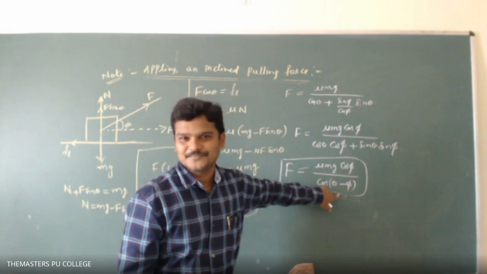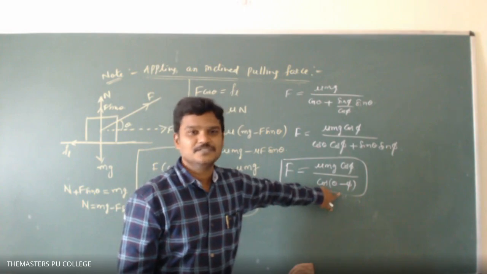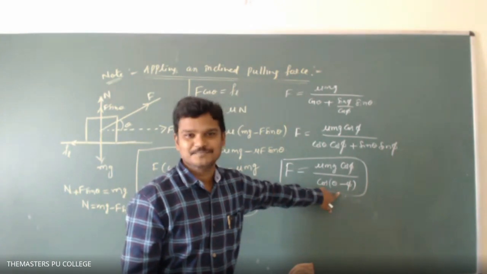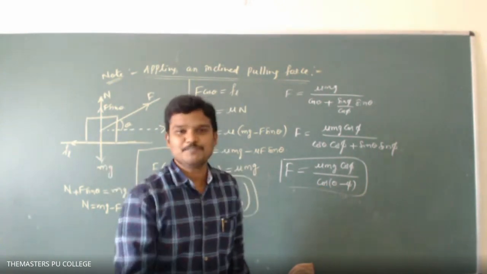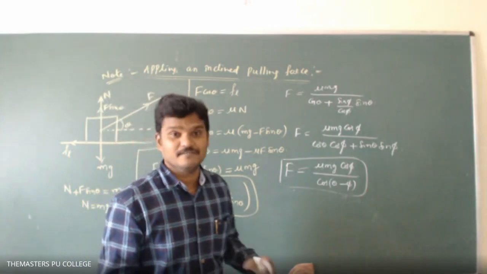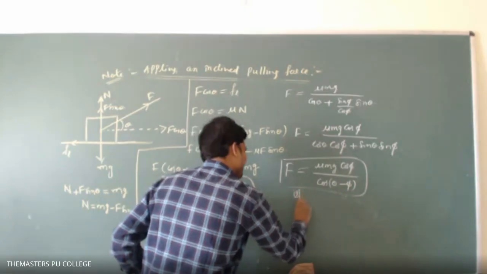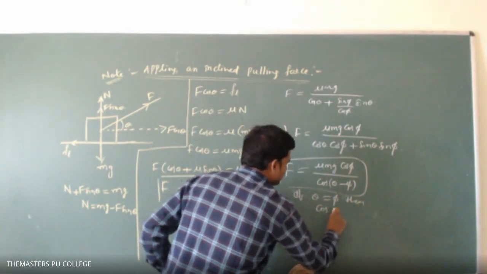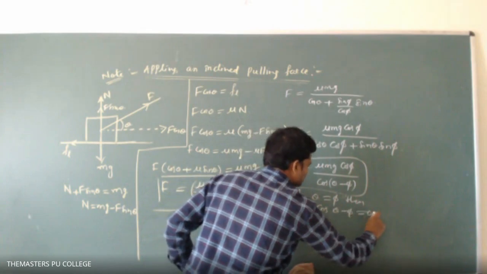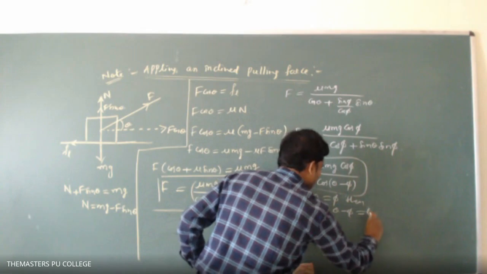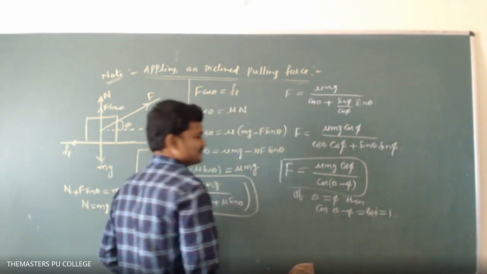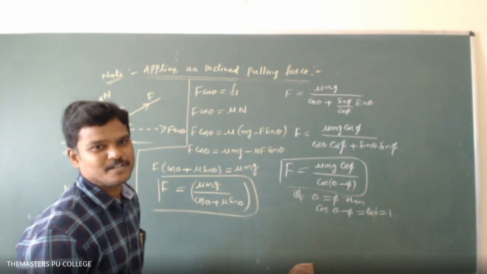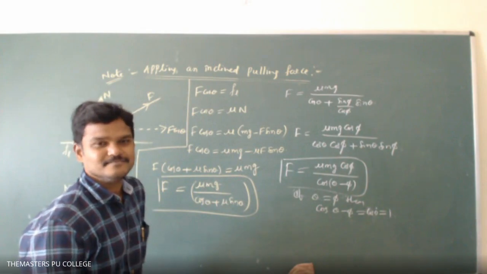So if theta is equal to phi, then cos of (theta minus phi) is equal to cos 0, which is 1, the maximum. Substitute another value, will you get more than 1? Cos 30 decreases.